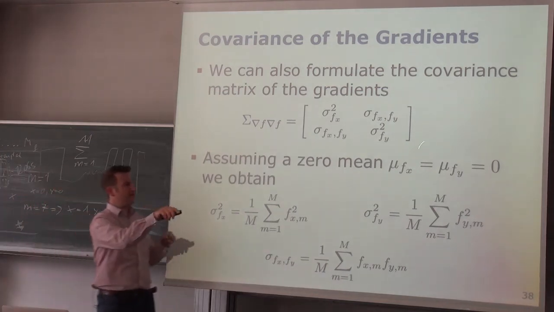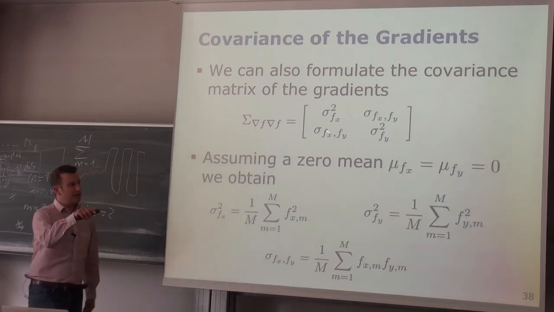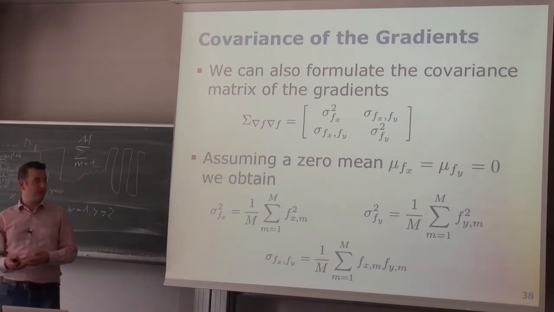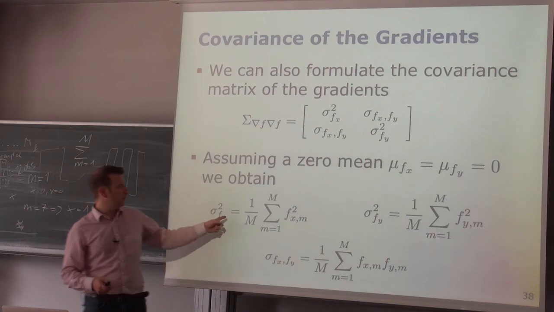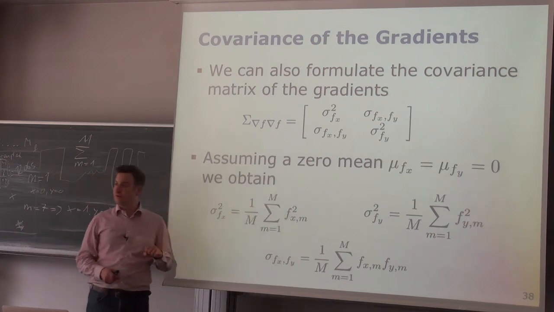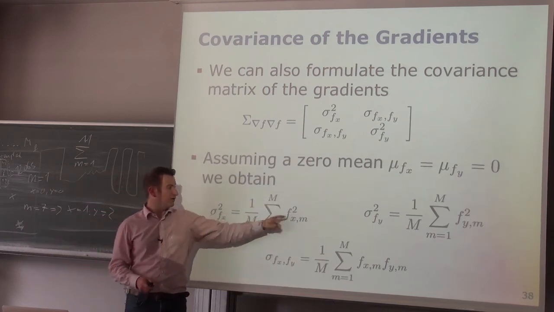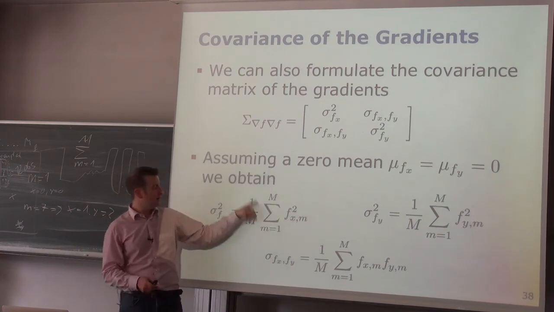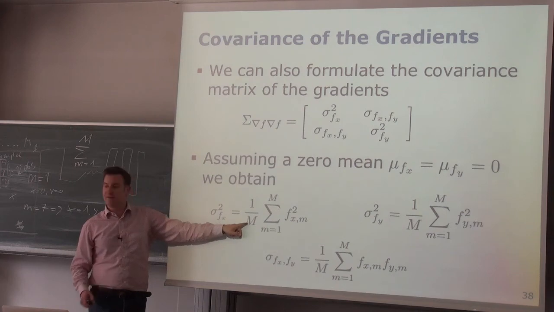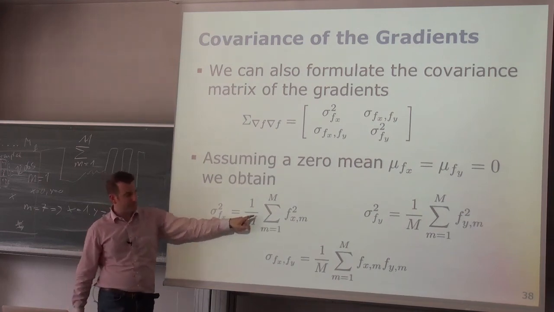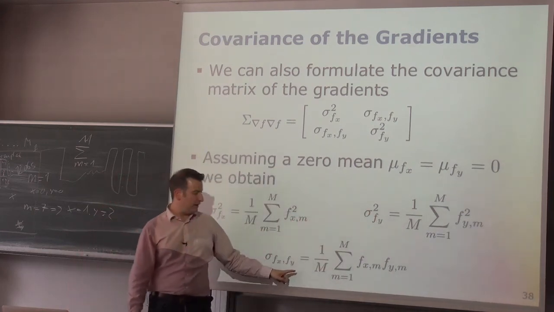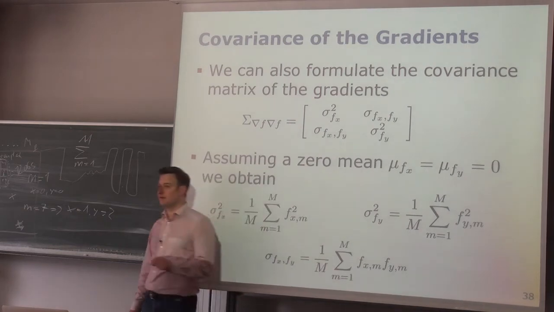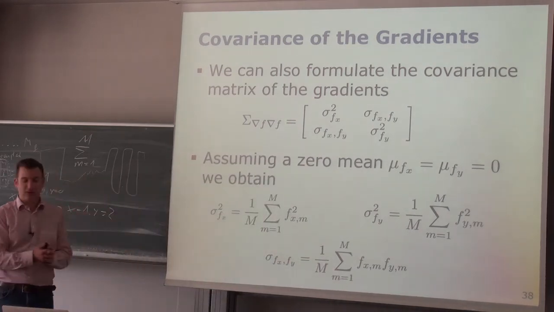So assuming that we have that zero mean, by just using the standard equation for computing the variance, I obtain these values over here. So again, it's this squared gradient, of course, this is a zero mean, simply with 1 divided by m. Same for y and for the off-diagonal elements of the covariance matrix with respect to x and y.